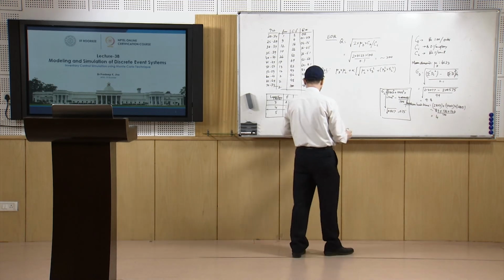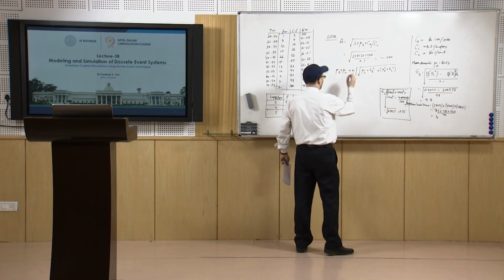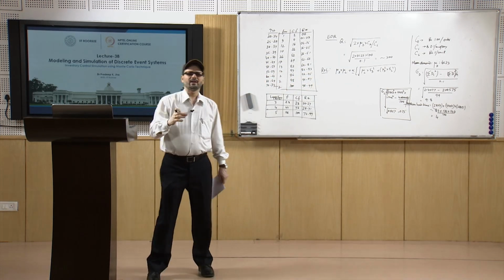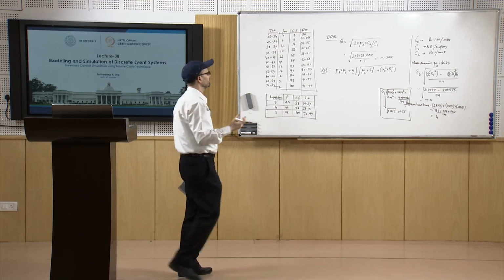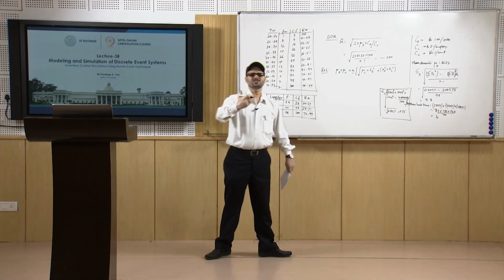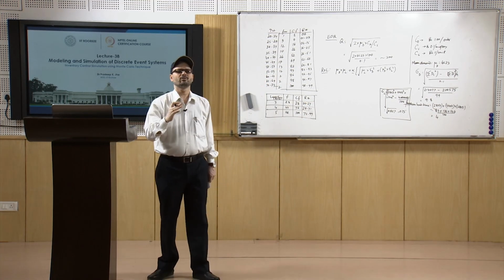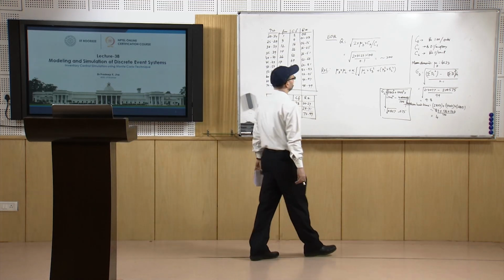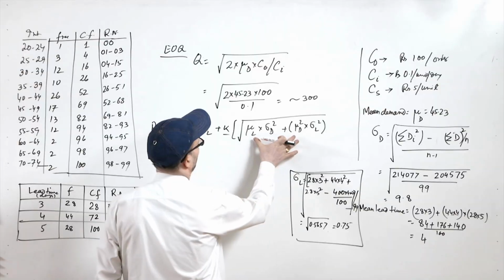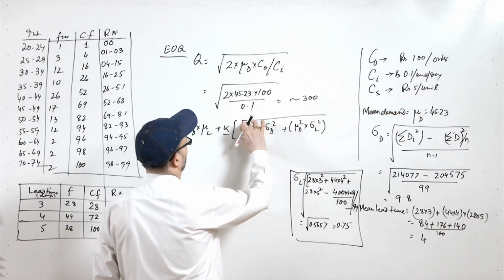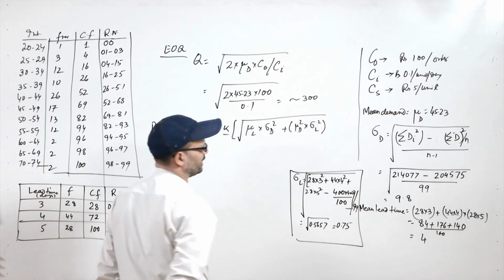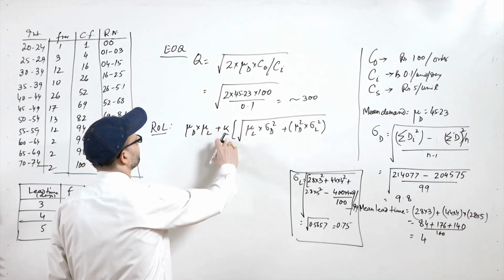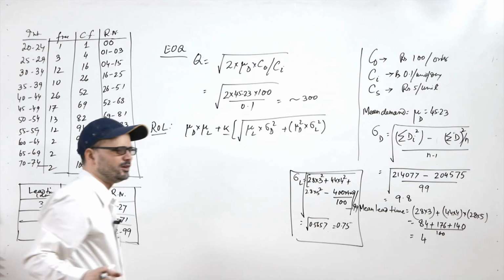Now this value k is how many times the standard deviation you are adding to be safe. The quantity inside the square root is the variance of the demand during the lead time, and k tells you about the probability.